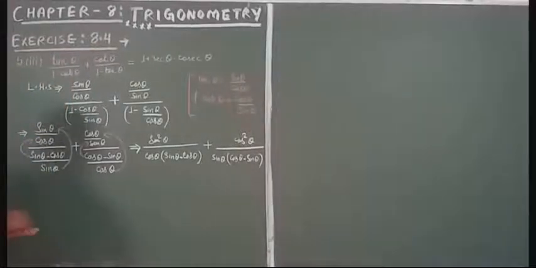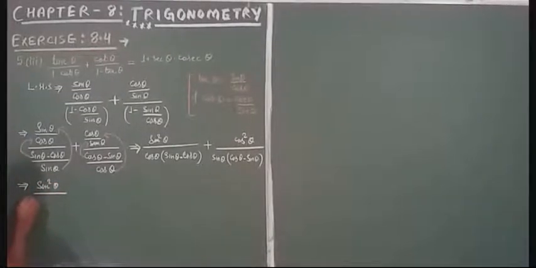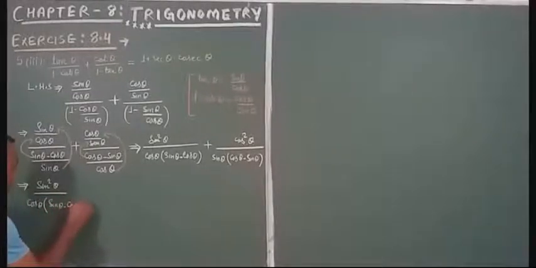So this is sin square theta upon cos theta, and this is sin theta minus cos theta.